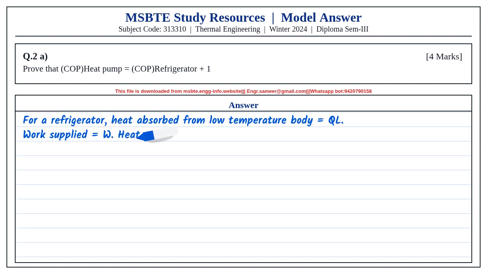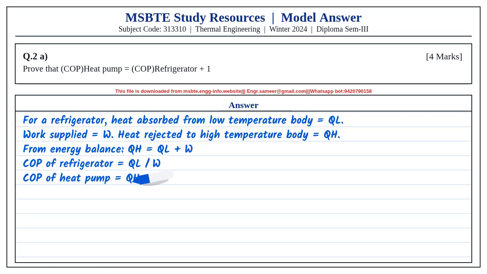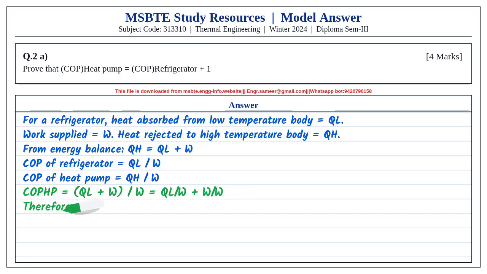From energy balance, QH is equal to QL plus W. COP of refrigerator is QL by W. COP of heat pump is QH by W. Substituting QH equal to QL plus W, COP of heat pump is equal to QL by W plus 1. Therefore, COP of heat pump is equal to COP of refrigerator plus 1.